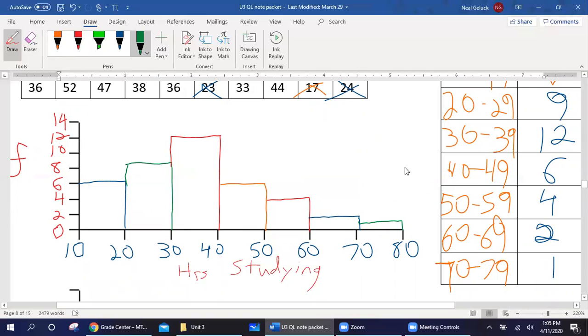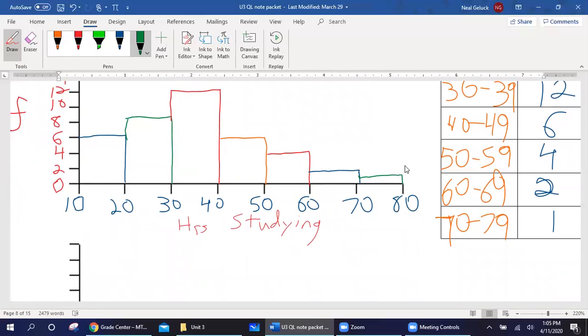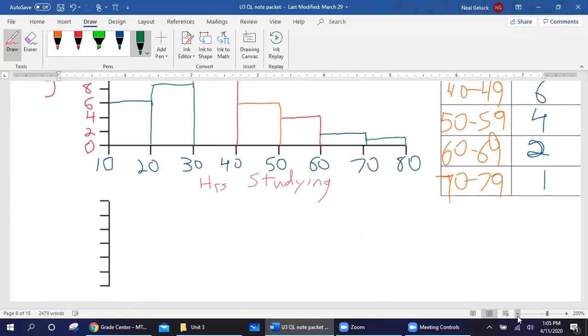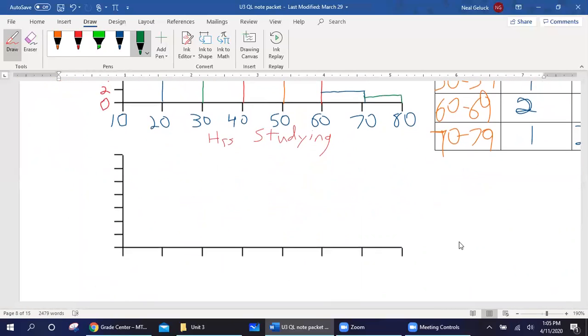Now to go from a histogram, the bar graph, to a frequency polygon, I'm going to basically have the exact same numbers for the frequencies.